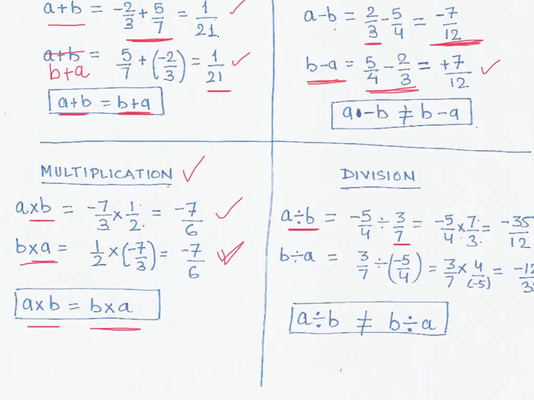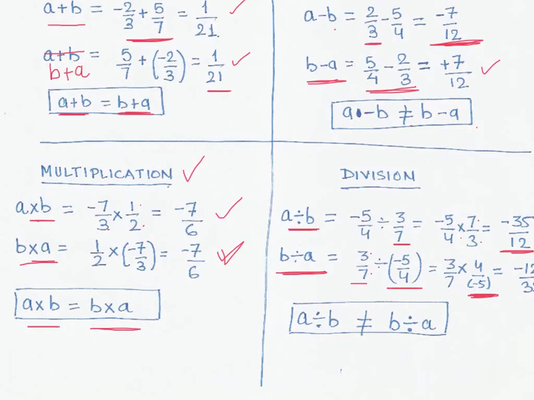So when we solve this, we get minus 35 by 12, multiplying the numerators and denominators. However, when we do b divided by a, in this case now we have 3 by 7 divided by minus 5 by 4. Again, you can do the same thing, convert this division into multiplication and change the numerator and denominator.